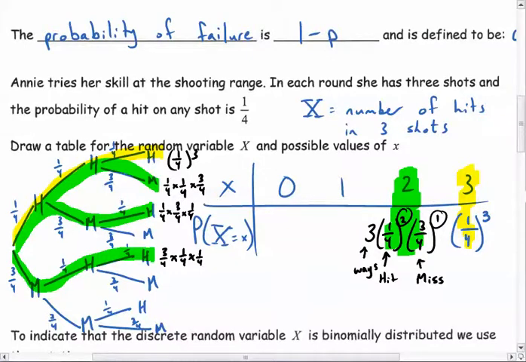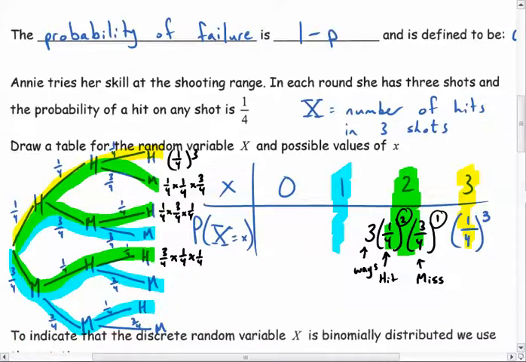Okay, so to get 1 hit, we can have hit, miss, miss: hits the first shot, hits the second shot, or hits the third shot. So this one also has 3 ways. 1/4 represents the hits.